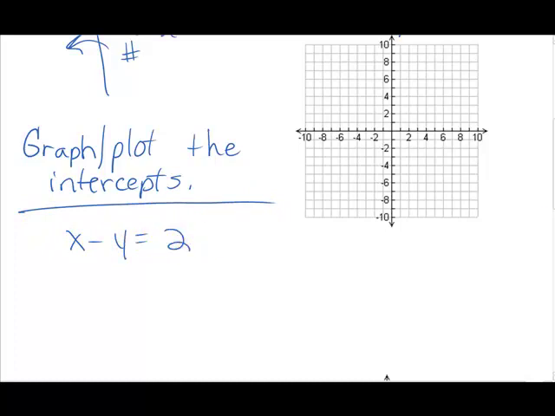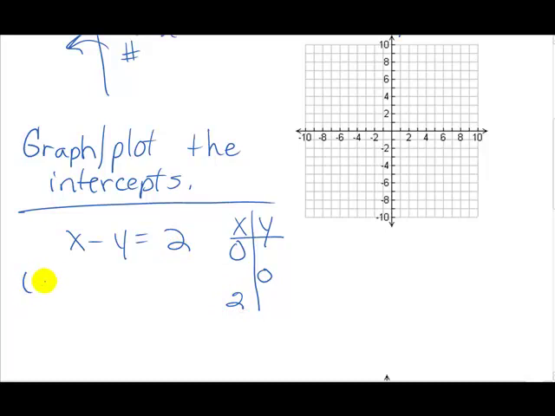So here we have x minus y equals 2. Our t-chart now will have a 0 for x and a 0 for y, and then of course we need that third dot. So I'm just going to go with 2.